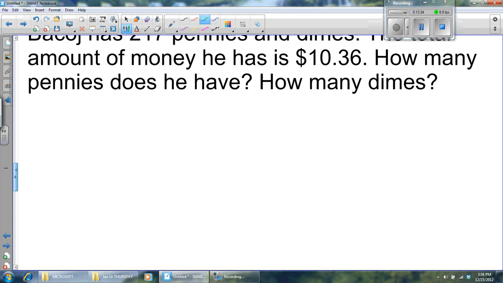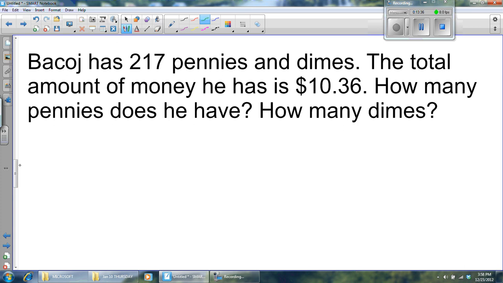Same style. This time, Bocage, Jacob backwards, has 217 pennies and dimes. Well, I'm going to let P equal the number of pennies, right? And D is going to equal the number of dimes.